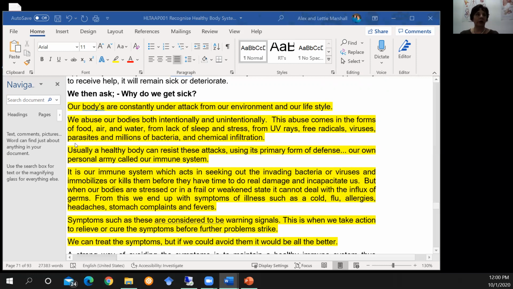We abuse our bodies, and then these signs and symptoms take place. We can treat, but we don't need to talk about the treatment, so just the symptoms. Why we get sick. And this was question 13.